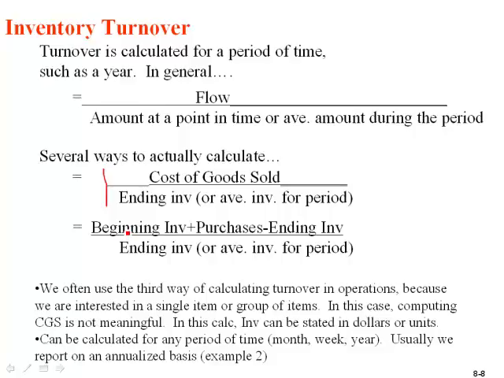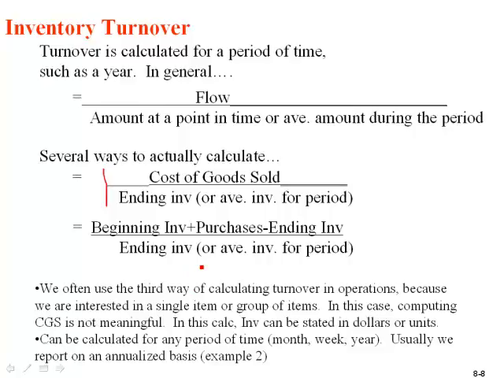We might be interested in what inventory turnover was for a particular part or a particular item or a particular family of items, or for a set of items that's managed by one particular inventory manager, because we're interested in understanding, is he or she performing as well as other inventory managers in the company. Or we might be interested in ascertaining the inventory turnover of a particular location, such as a particular distribution center, and comparing that to other distribution centers in our company to see who's doing a good job, who's meeting our performance criteria, and who's not.